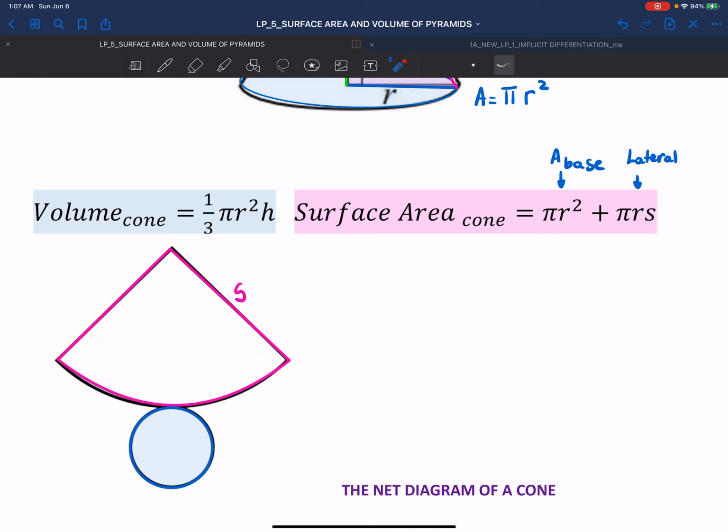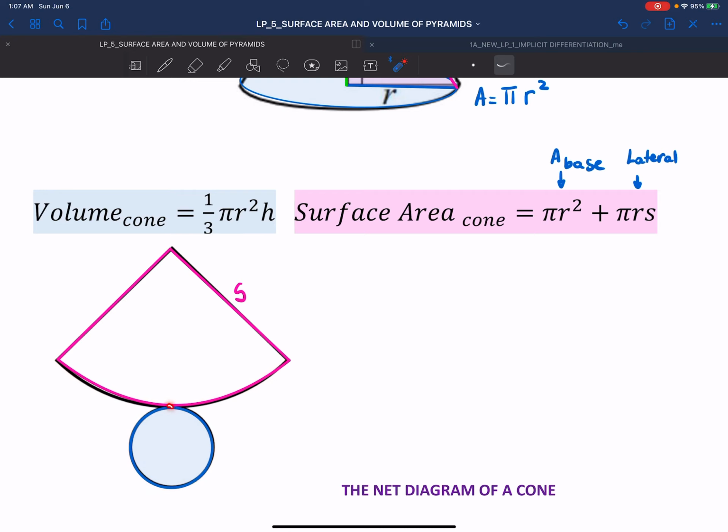Now, another measurement that determines the size of the conical lateral area would be the circumference of the base. Remember that the conical area is wrapped around the circular base, right? And it fits exactly the perimeter of the base, which means that this size in here will be determined by the size of the circumference.